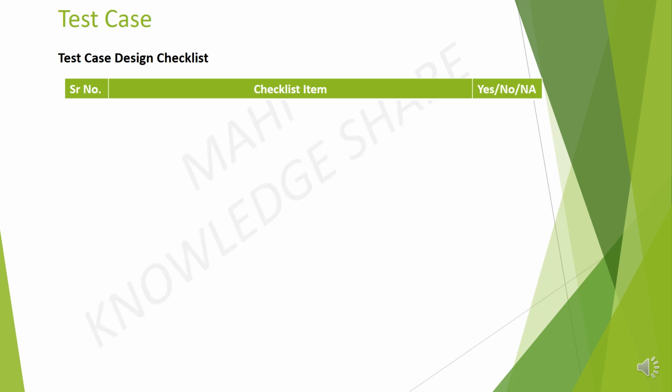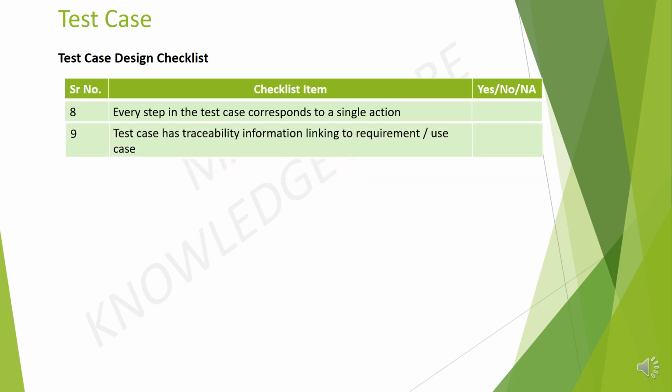Checklist item number 8, every step in the test case corresponds to a single action. Item number 9, test case has traceability information linking to requirement or use case.